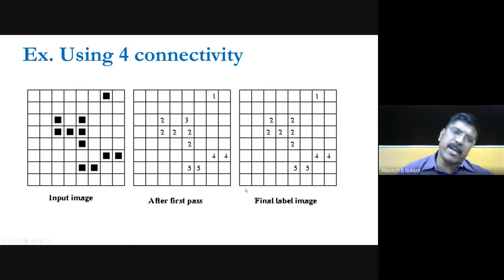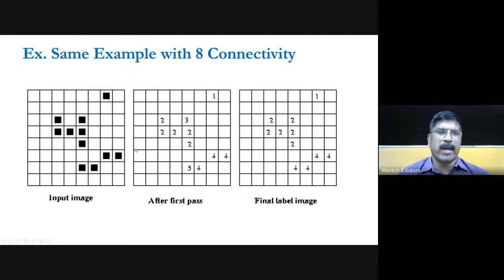Now by using 8 connectivity, whether these regions remain the same or are reduced. So with 8 connectivity, see what happens. Here after this one, you have assigned all those pixels, because this is connected diagonally. Also these pixels are connected diagonally, so this is a region, and also it is connected, so this will be replaced with 4 and so on.